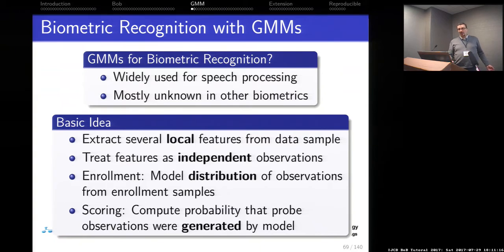And then when we score, we compute the probability that the features from the probe were actually generated by the model of that person. That's why we call it a generative model, generally. Although you can treat it as any other biometrics, but it's called a generative model.